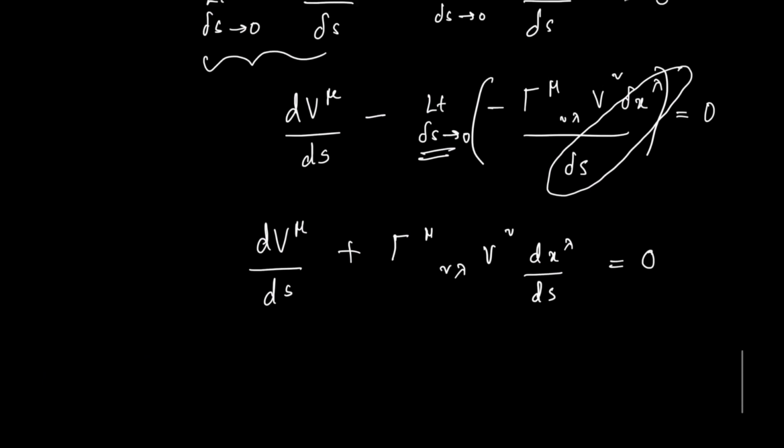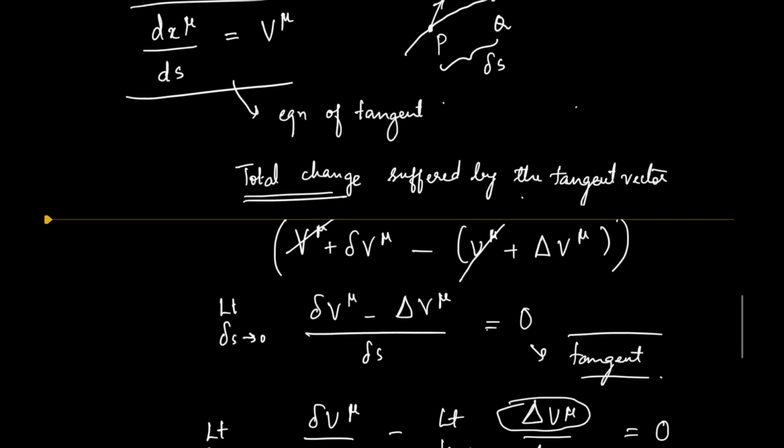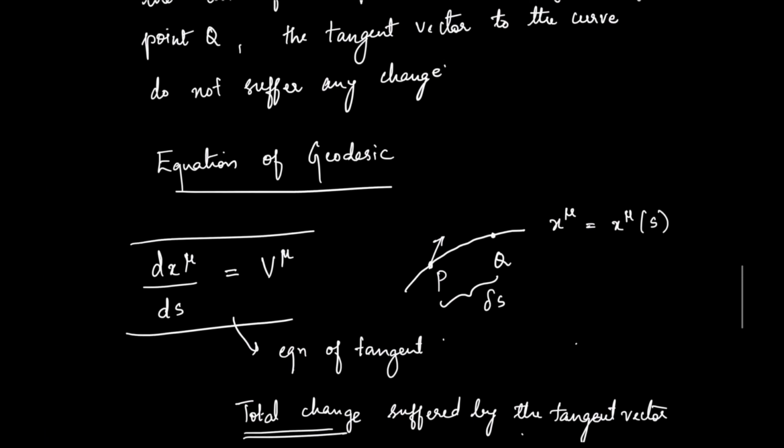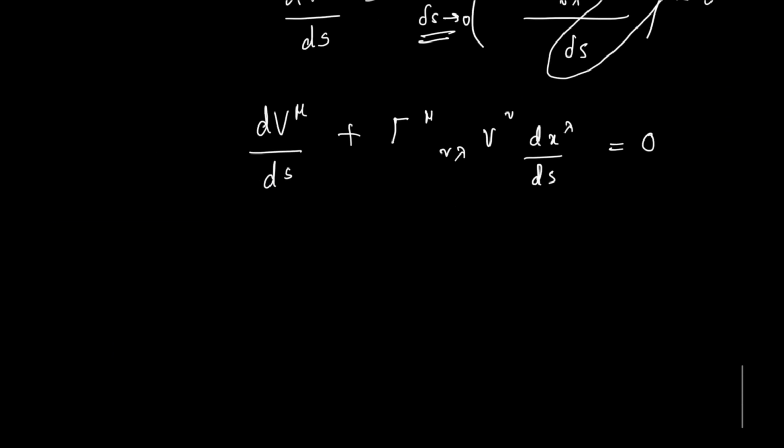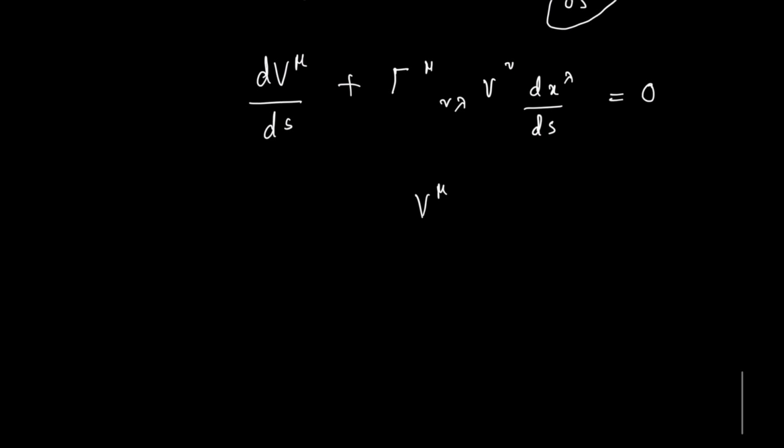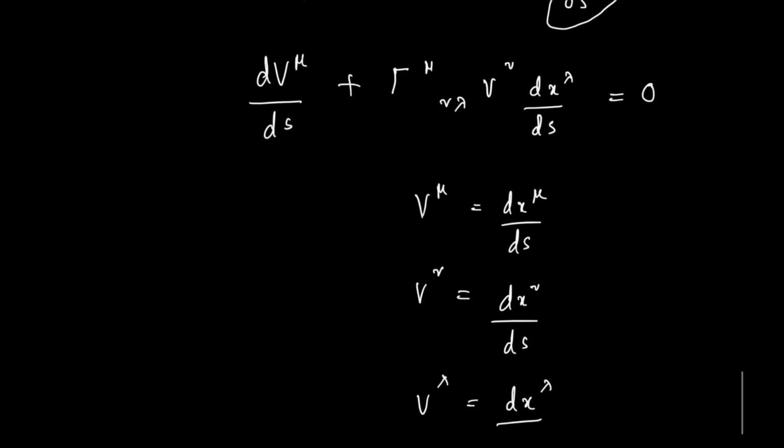Now we have seen the definition of tangent vector. So v mu is equal to dx mu by ds. Similarly, if v mu is dx mu by ds, then v nu will be dx nu by ds, and v lambda will be dx lambda by ds.